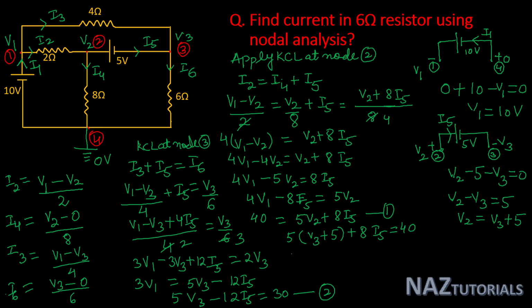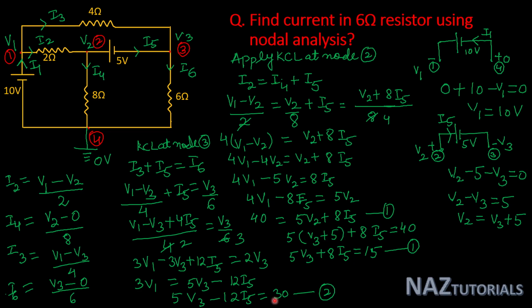Now you get 5V3 plus 8I5 is equal to 40 minus 5 5s are 25, which is 15. So this is our equation 1 in terms of V3, and our equation 2 is 5V3 minus 12I5 is equal to 30. So solve these two equations, equation 1 and equation 2.